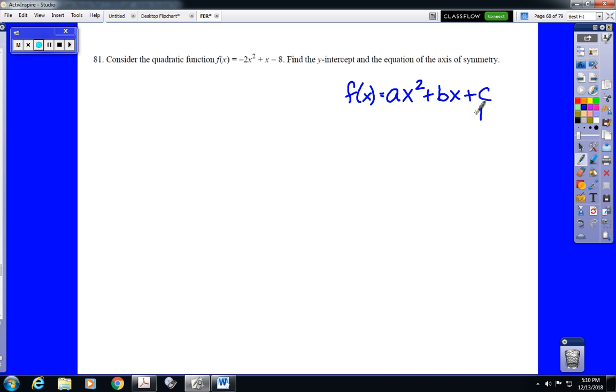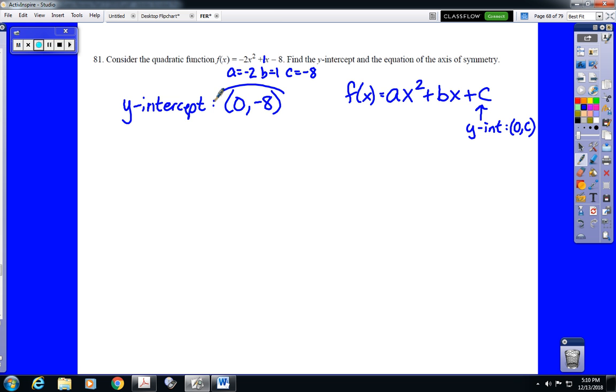Remember that the y-intercept is the point 0, c. So all we have to do here is recognize that a is negative 2, b is positive 1, and c is negative 8. And that tells us the y-intercept is the point 0, negative 8. So there's one of the two answers right off the bat.